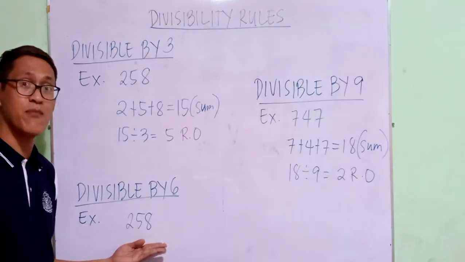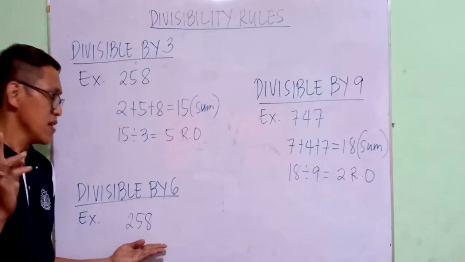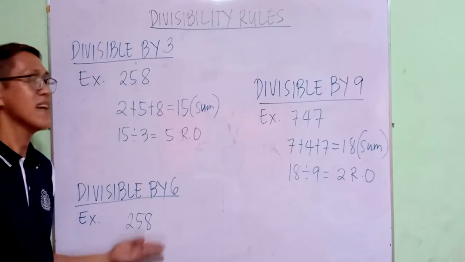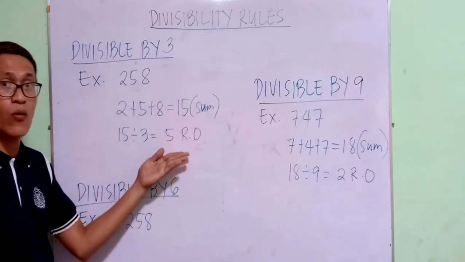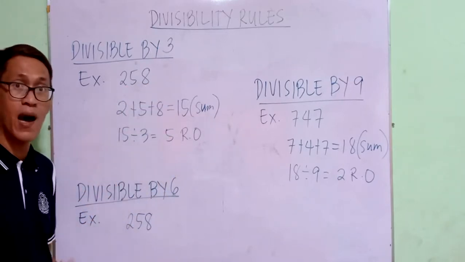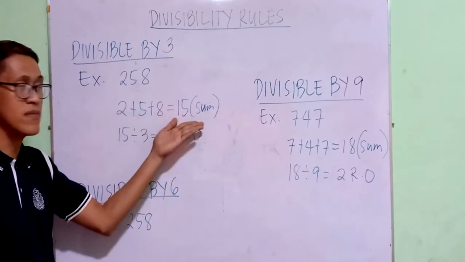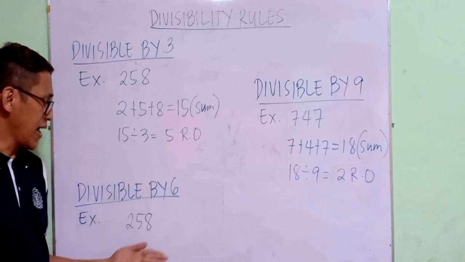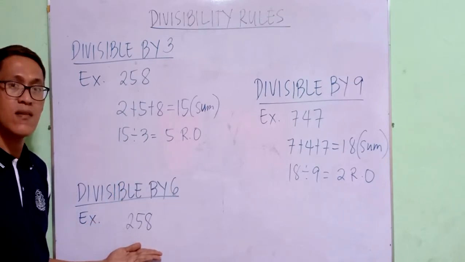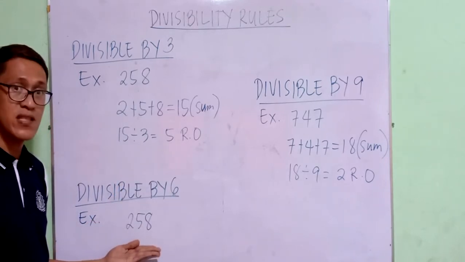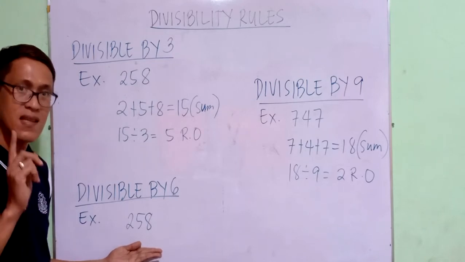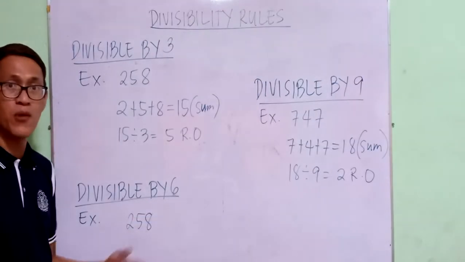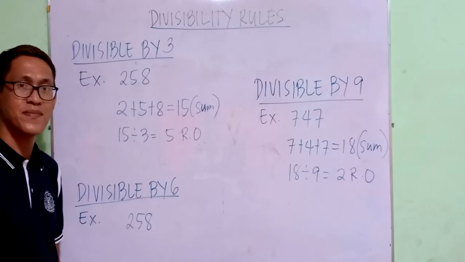Meaning, this is divisible by 2. Is this divisible by 3? Yes. 258, a while ago we said it's divisible by 3, since the sum of the digits is divisible by 3. Again, this number is even, divisible by 2, and divisible by 3.